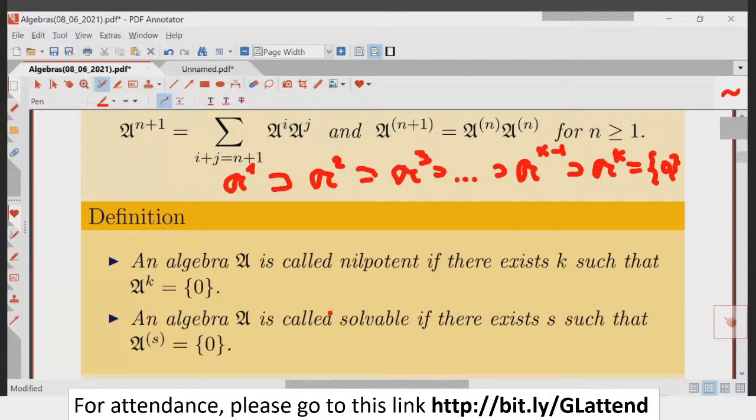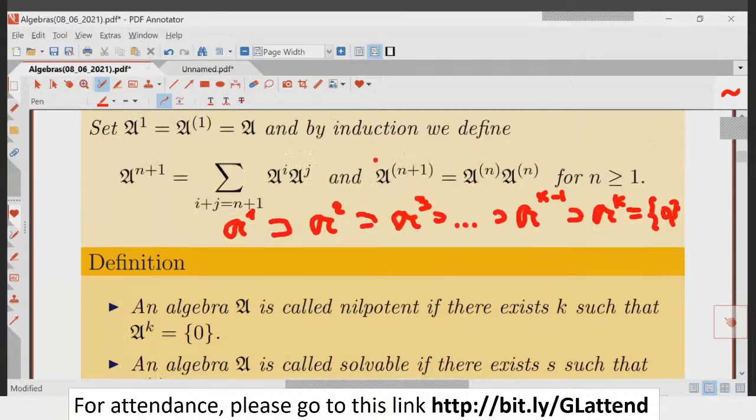An algebra is called solvable if there exists S such that this series of ideals terminates, comes to 0. So you will get A1 first, then A2, etc. Here you will get A(S minus 1), sorry, and here you will get AS.